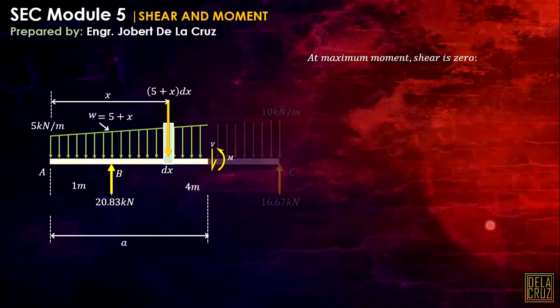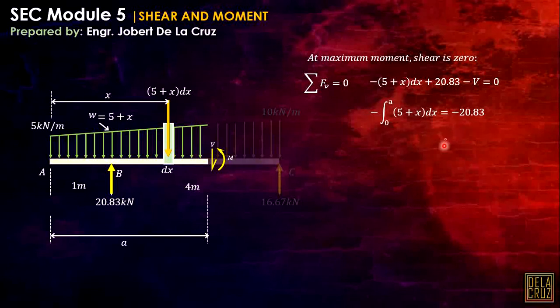So, we can calculate the A if we know this principle. By summation of forces vertical, that will be 5 plus x, minus 5 plus x, plus 20.83 minus shear V, then equate to 0. But take note, for maximum moment, this shear here should be 0. So that's why, ito yung mangyayari.